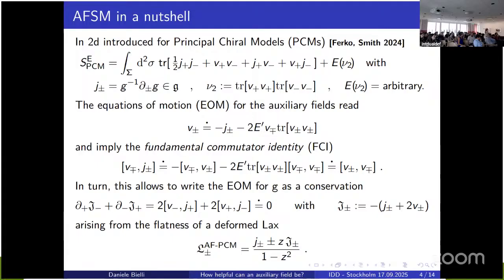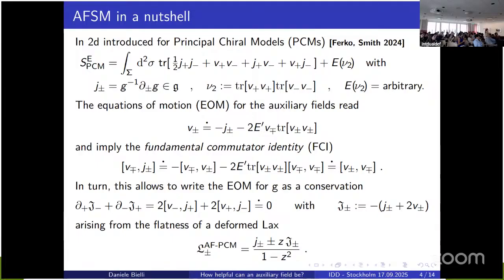You flip the sign of the standard principal chiral model term, which is usually a minus, in this case it's a plus, and you couple these auxiliary fields trivially to the Maurer-Cartan current. All the magic is in this object, E of nu2, which is called an interaction function, some unspecified function of one variable at this stage, where this variable nu2 is defined in terms of auxiliary fields only in this specific combination.